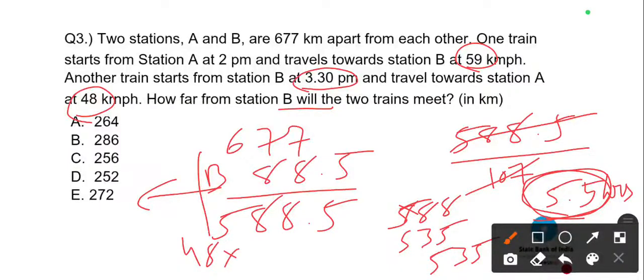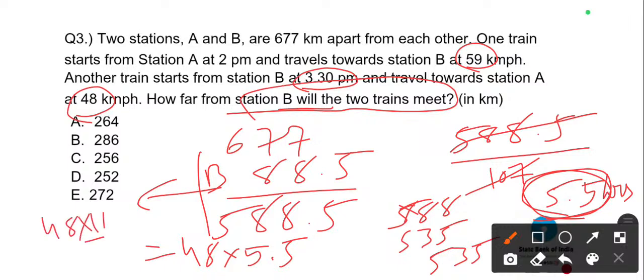So 48 into 5.5 we need to find to say how far from B they will meet. Instead of 5.5 we can write this as 48 into 11 by 2, 24 times. So the answer we got is 264, option A.